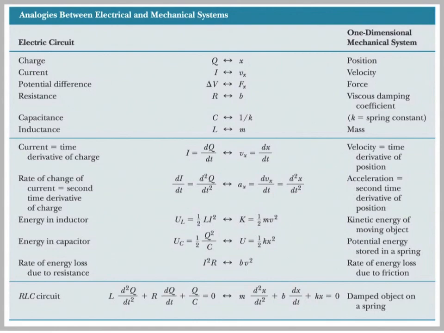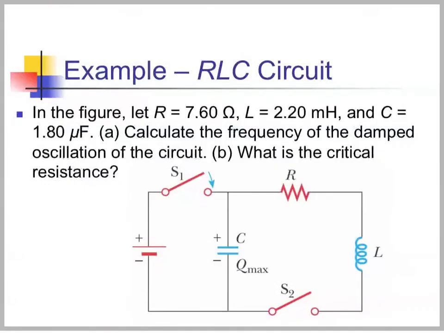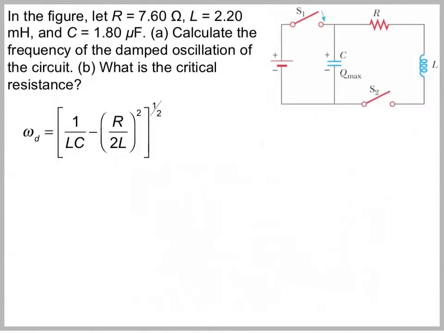So let's look at an RLC circuit. In the figure we have a resistance, inductor, and a capacitor with values given. Calculate the frequency of damped oscillation, and what would be the critical resistance. So the frequency of damped oscillation is just the square root of 1 over LC minus (R over 2L) squared.